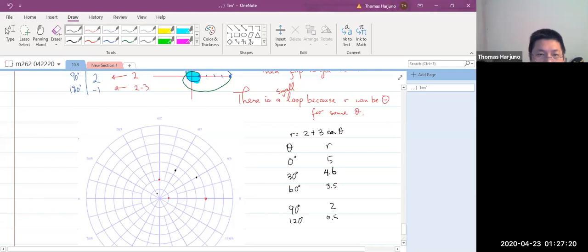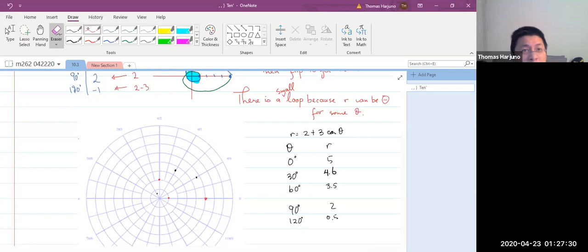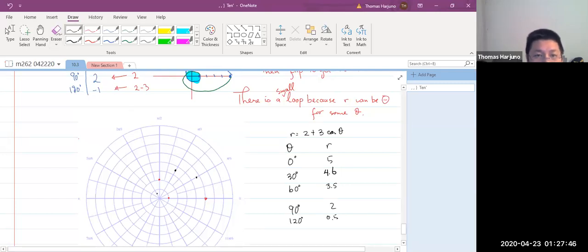So if you see how we trace it, it actually goes this way. At some theta, it will reach 0 and go back.